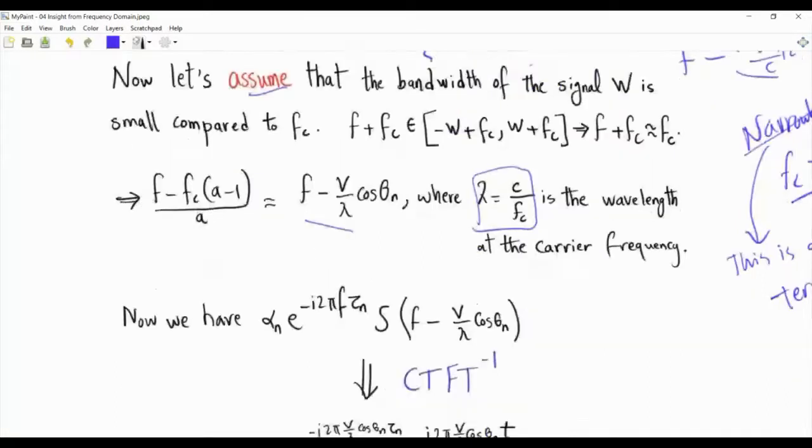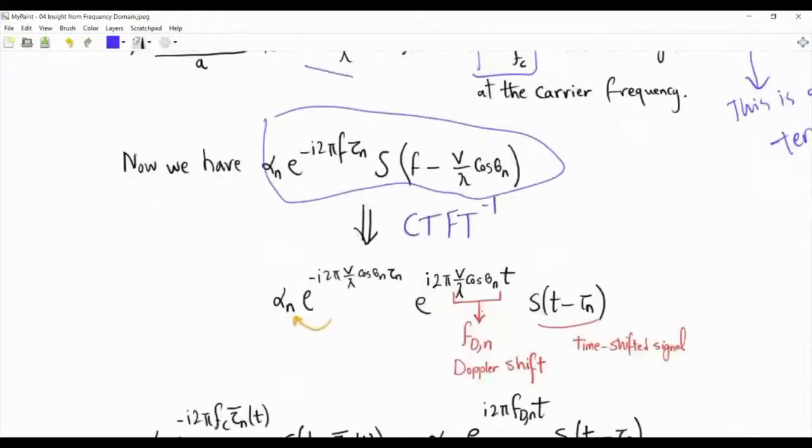Okay. So now our signal in the frequency domain is this. No frequency scaling. So you do the inverse CTFT, okay? And when you do the inverse CTFT, because of this exponential factor, you will get a time shift, and because of this frequency shift, you will get an exponential factor.